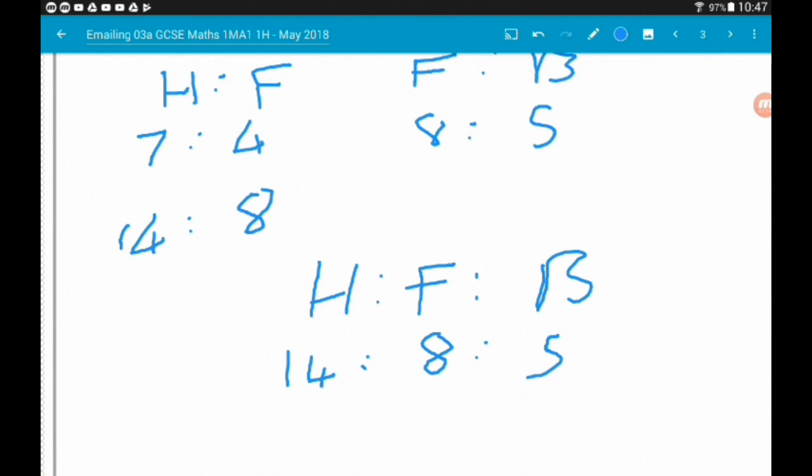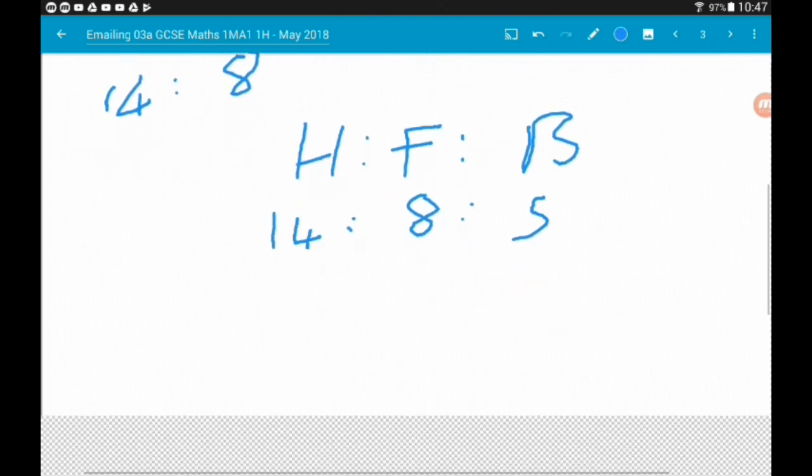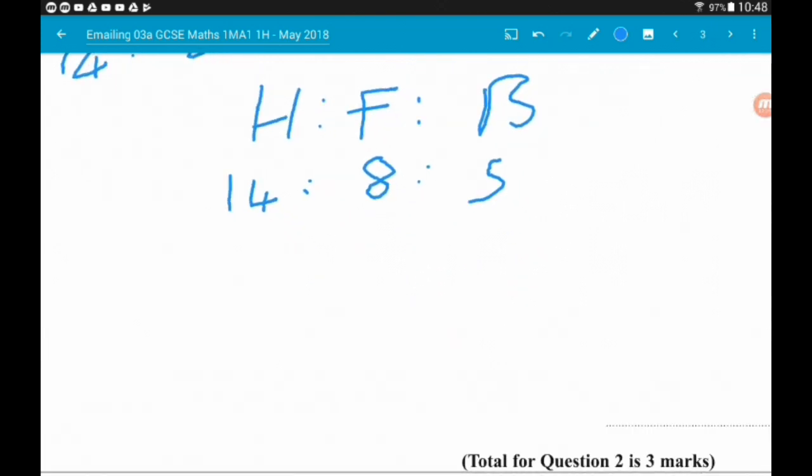Now we can use the fact that there are 50 bungalows to work out how many houses there are. What we ask ourselves is how do we turn 5 into 50? We multiply by 10.